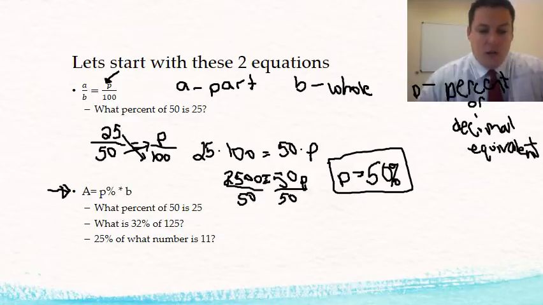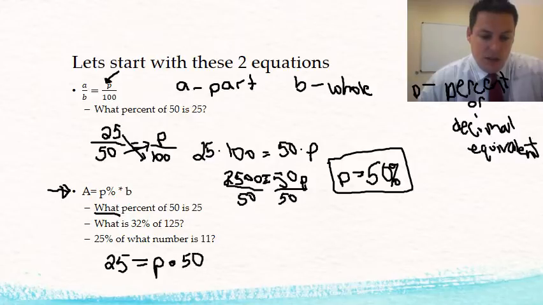So again, what percent of 50 is 25? I would write that one as: A is the part. We're looking for the percent, so we leave P, times the whole, which is 50.